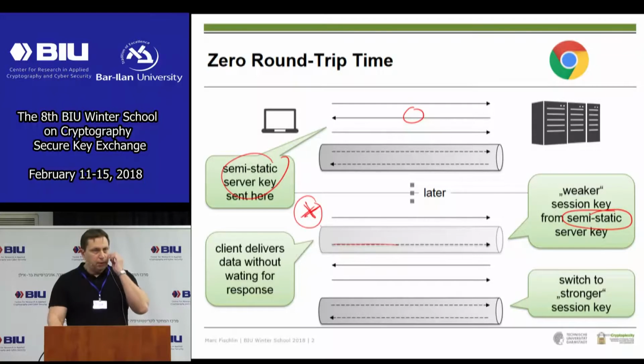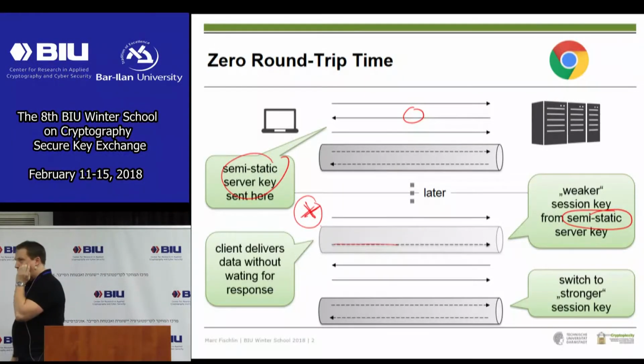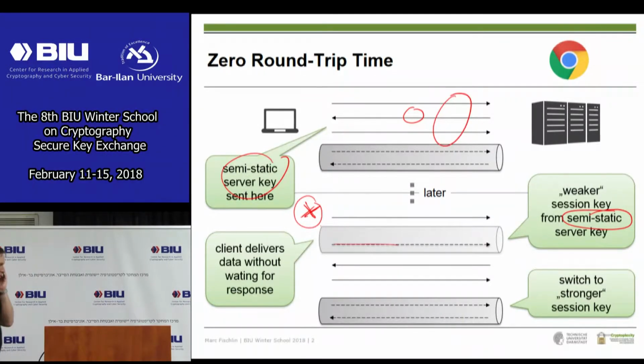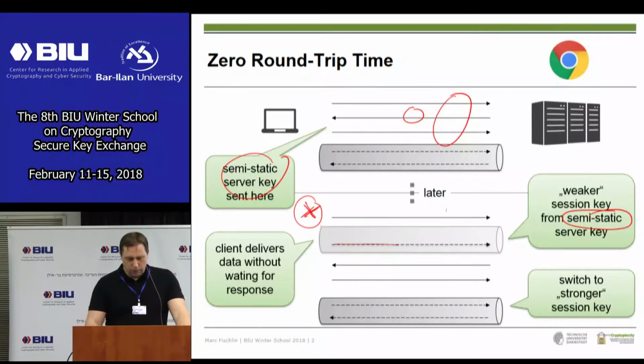So this was not invented by TLS, but Google was the first company to use that in the browser. The reason why Google was using this, apparently, was that very often they don't want to have the latency through the round trip time. Every time you could reconnect to your Google server, and you do that quite often, you didn't want to exchange too many messages.